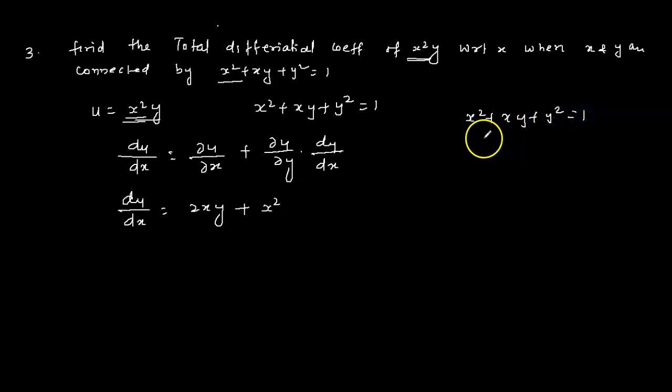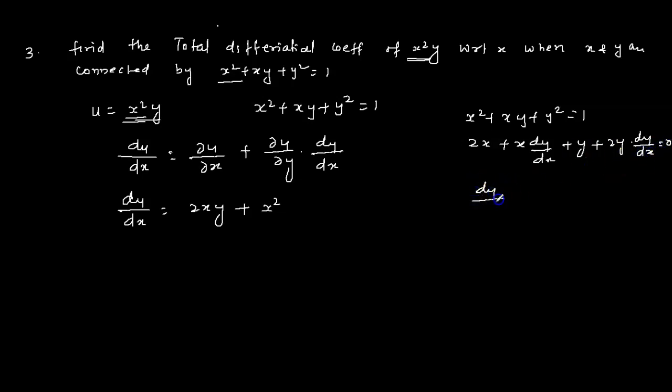I will find the differentiation with respect to x. So 2x plus x into dy by dx plus y, and x is constant 1, plus y square differentiation is 2y into dy by dx is equal to 0.